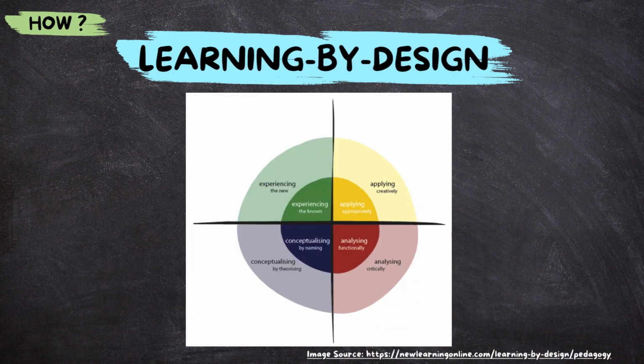The Learning by Design pedagogy uses 4 elements of experiencing, conceptualizing, applying, and analyzing, which are further broken down into 8 knowledge processes. Each knowledge process represents types of activities which simulate ways of making knowledge and of learning in the same way.